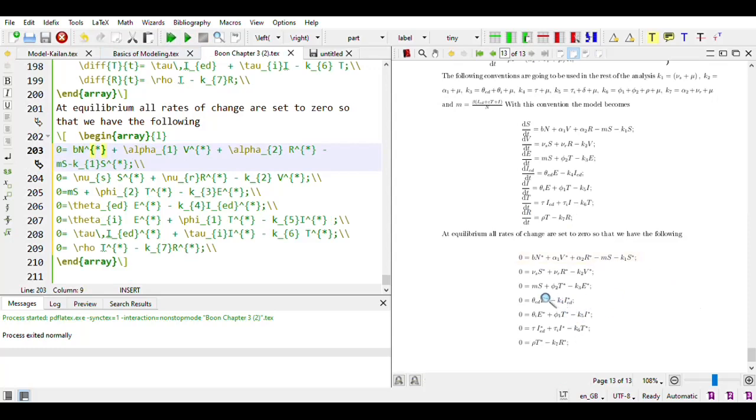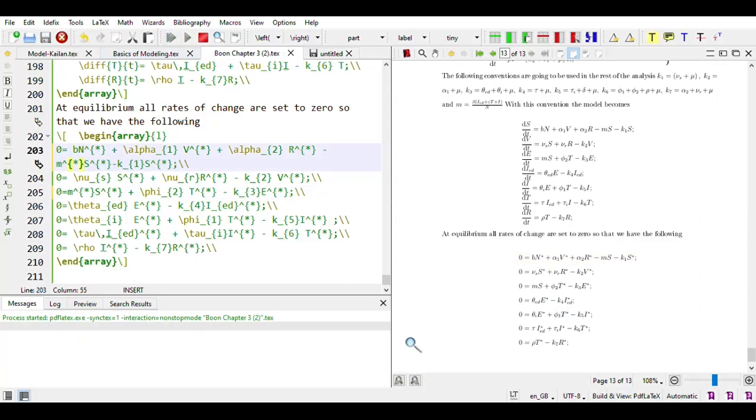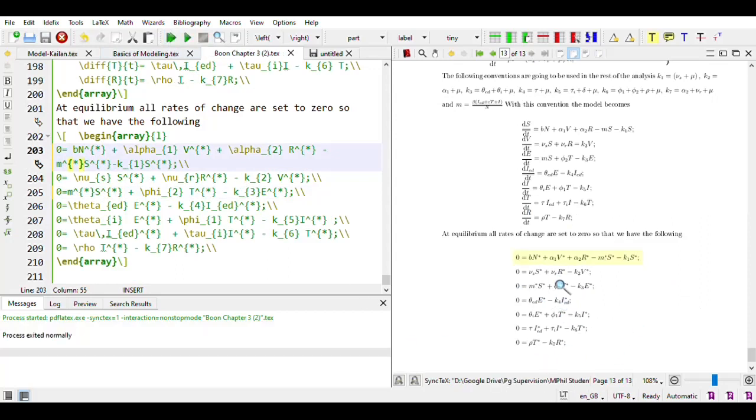So let me just set the M to M star, and then we'll have M star, S star. So we have all of this. And so we now have our equilibrium equations in terms of the 7 model variables and then our new variable M star.